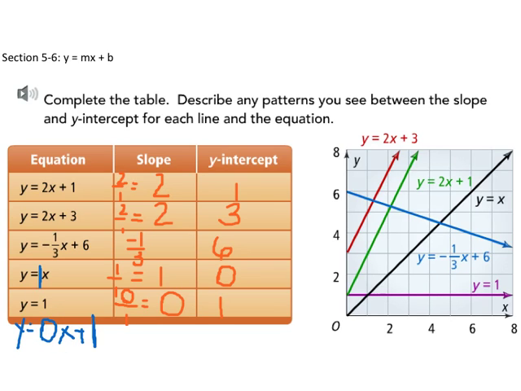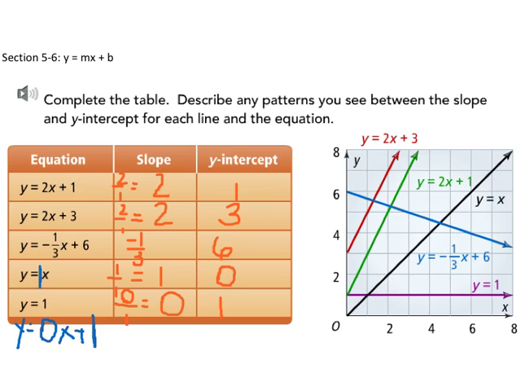The next observation we're going to look at is about the y-intercept. So these numbers, 1, 3, and 6, all occur here in the equation, and that's the number that we're adding: 1, 3, and 6.